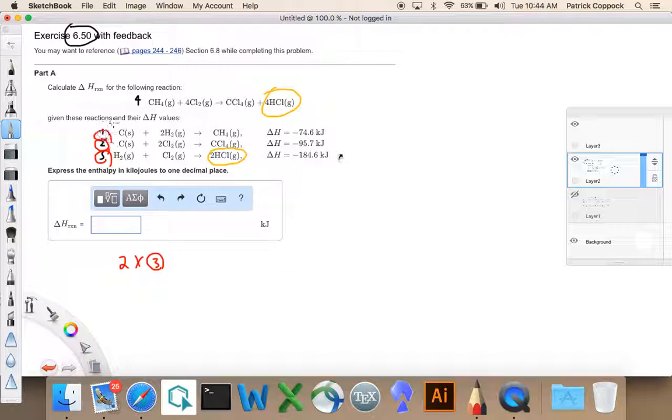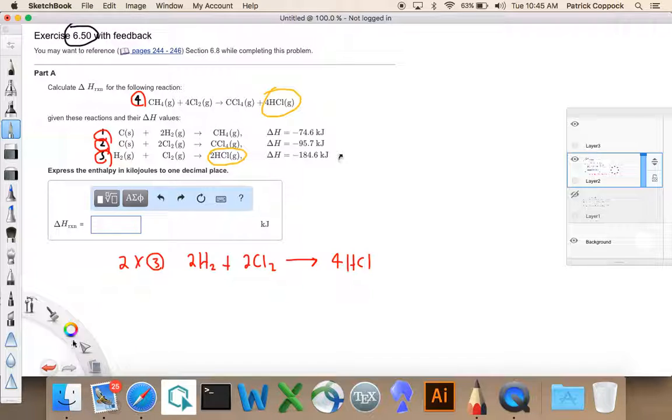I'll circle these so we know what those are. 2 times reaction 3 is going to be 2H2 plus 2Cl2 produces 4HCl gas, and that's exactly what I wanted there. So we took care of that one.